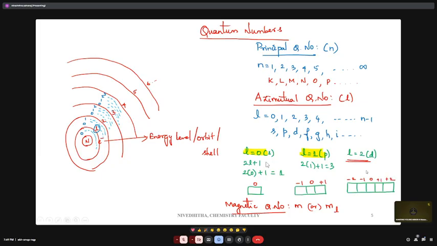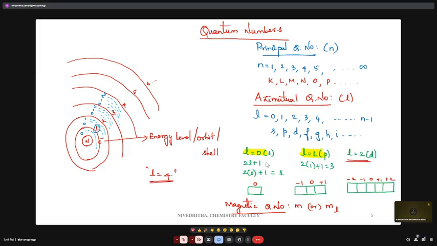Could you see the pattern here? For example, L equals 4. Could you please tell me what are all the magnetic quantum numbers for this subshell? If it is 1, values are -1, 0, +1. If it is 2, values are -2, -1, 0, +1 and +2.